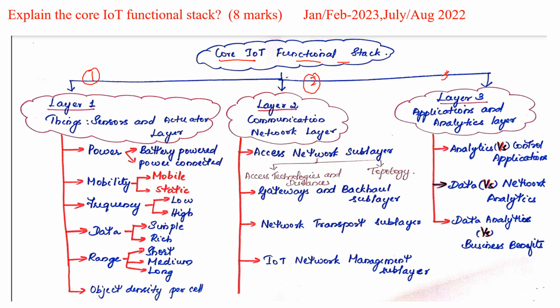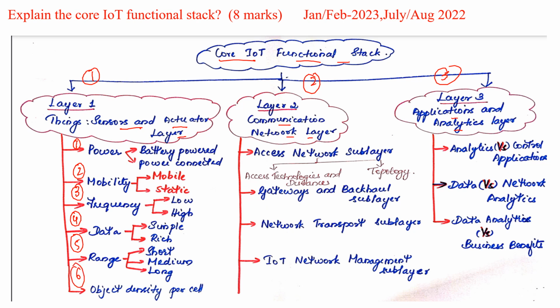So what is your layer 1? Layer 1 is nothing but your things, that is your sensors and actuator layer. Layer 2 will be your communication network layer, and layer 3 is going to be your applications and analytics layer. In layer 1, you are going to learn about 6 parameters.